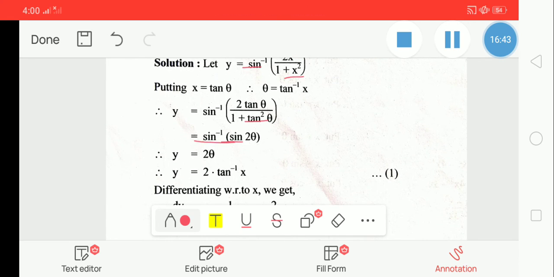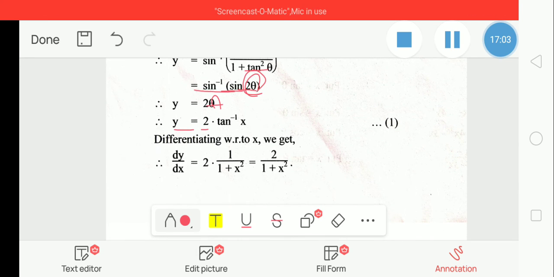We know that sin inverse of sin of theta gives only theta, means sin inverse of sin of x gives x. Here it is 2 theta, so y is equal to 2 theta, and theta means tan inverse of x, so y is equal to 2 multiplied by tan inverse of x. Then we differentiate with respect to x, so dy by dx is 2, then differentiating tan inverse gives 1 divided by 1 plus x square, so it gives 2 divided by 1 plus x square.